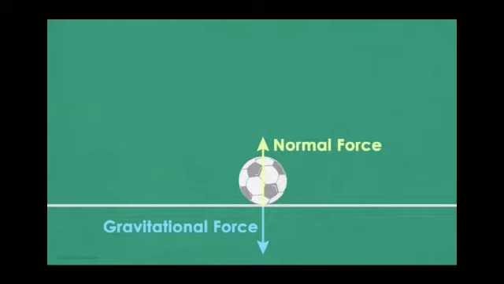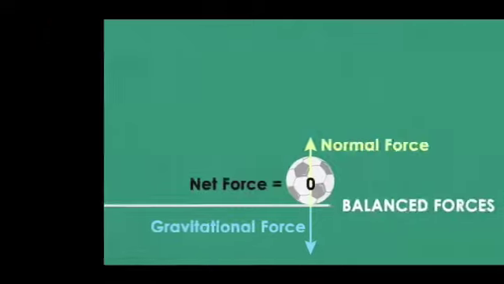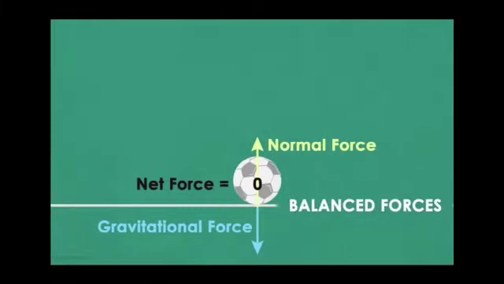And the ground is applying an equal force in the opposite direction, and this force is called the normal force. As these two forces are balanced, they do not change the position of the object, and the net force acting on the ball will be zero.